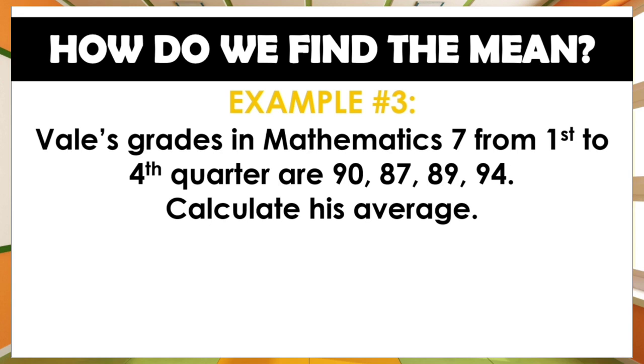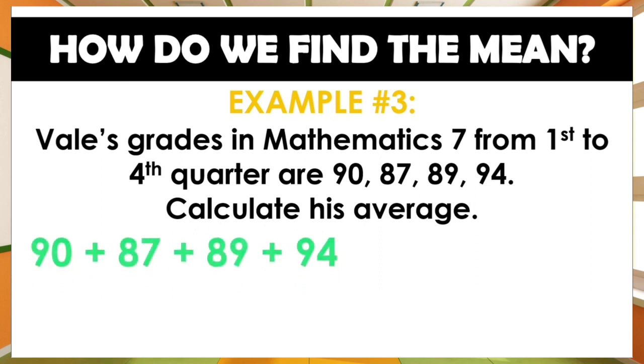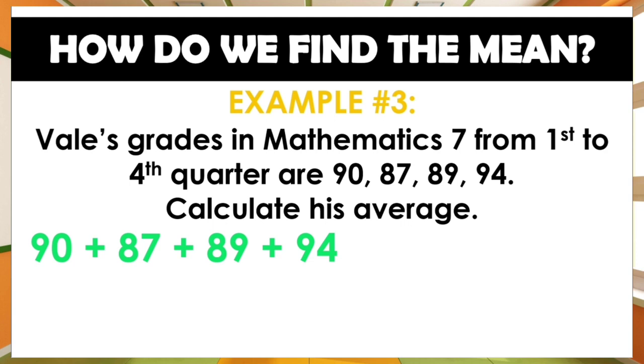Vale's grades in Mathematics 7 from 1st to 4th quarter are 90, 87, 89, and 94. Calculate his average. Following the steps again, we have 90 plus 87 plus 89 plus 94 divided by 4.